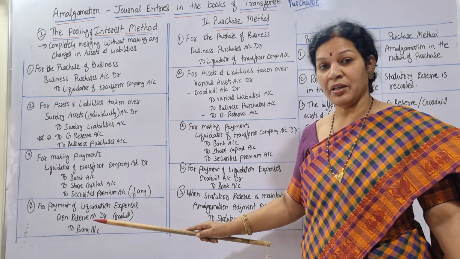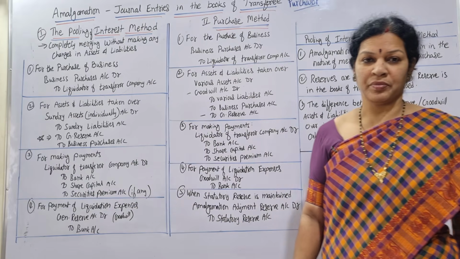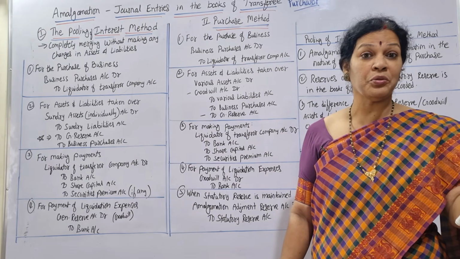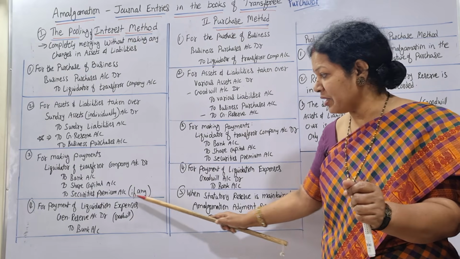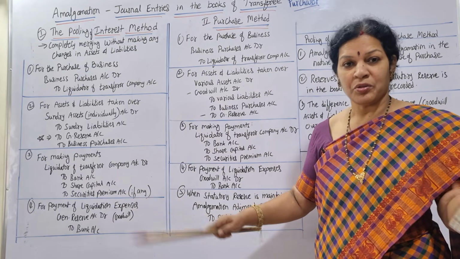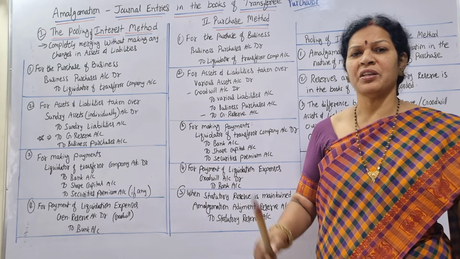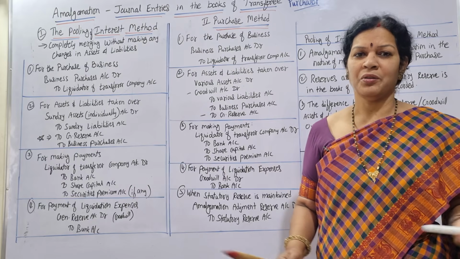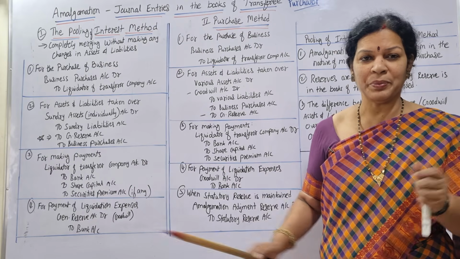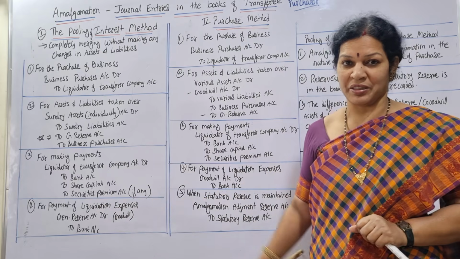And sometimes you may find securities premium, if the shares are issued at premium. If the shares are issued at par, same value, no premium. If you find premium, that also comes under the mode of payment.